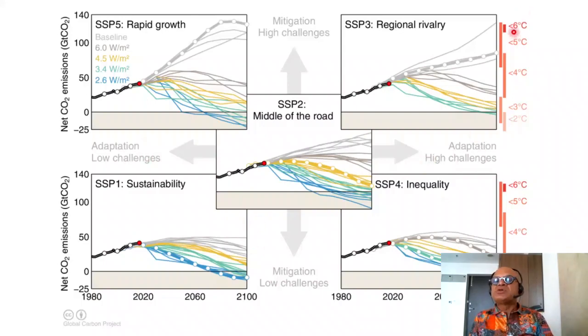So you can be in the range of 6 degrees, 5 degrees, or 4 degrees global mean temperatures, and if you want to remain safe and restrict yourself to less than 2 degrees C warming global mean with some 67% probability by 2100, then you can see that you have to start reducing the net CO2 emissions and even have negative emissions, which means we take out more CO2 from the atmosphere and other greenhouse gases than we emit.